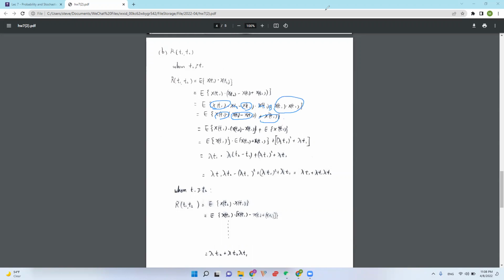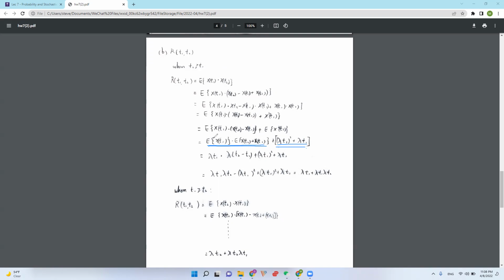And after that, we can further write everything down into this condition, where this part is basically just lambda t. It's already written here. It's this part, and for the left-hand side, it's written like this.